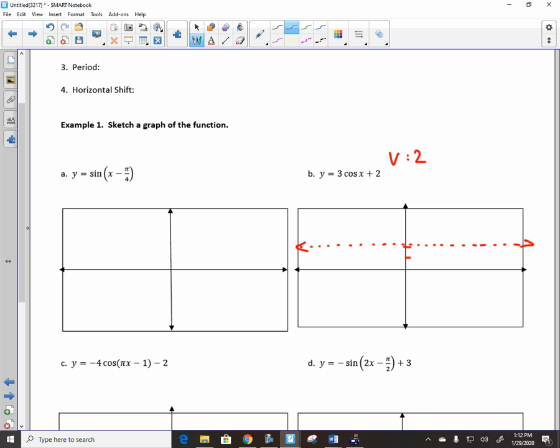Looking at this graph, can you tell me from our work the past couple days what the amplitude is? The amplitude is 3. So here's the important part. If the amplitude is 3, what's the highest that the graph is going to go now? 5. It's going to go 3 units above its shift.